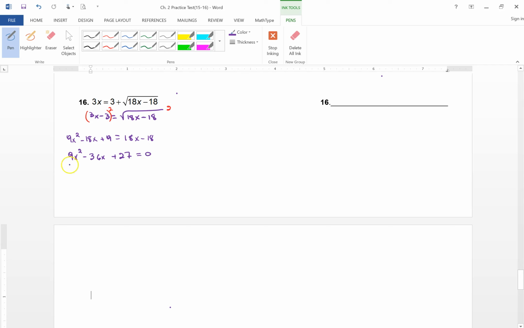We can factor out a 9. x squared minus 4x plus 3 equals 0. x minus 3, x minus 1. That means I have x equals 3 and 1. Now I need to check.